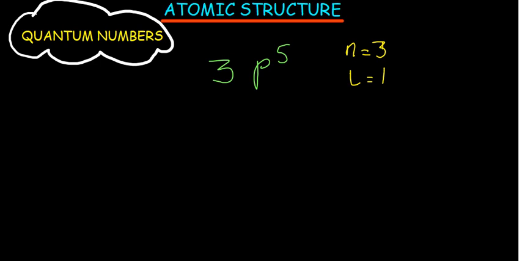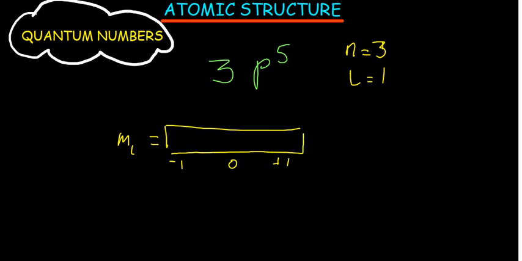And then the next is ml. Since L is equal to 1, ml is negative 1, 0, and positive 1. So we are going to have something like this.